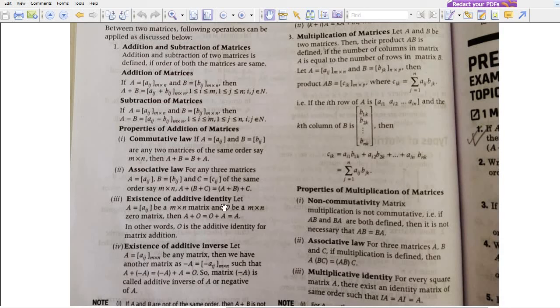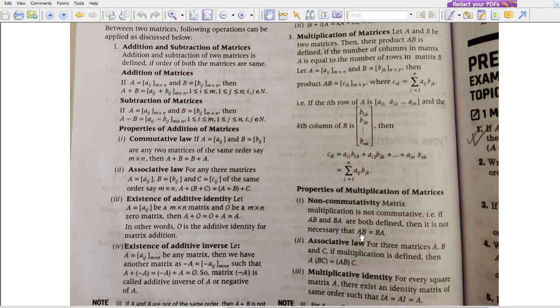Clear? Now what are the properties of matrix multiplication? First thing is, matrix multiplication is not commutative. That means AB is not equal to BA in all cases.